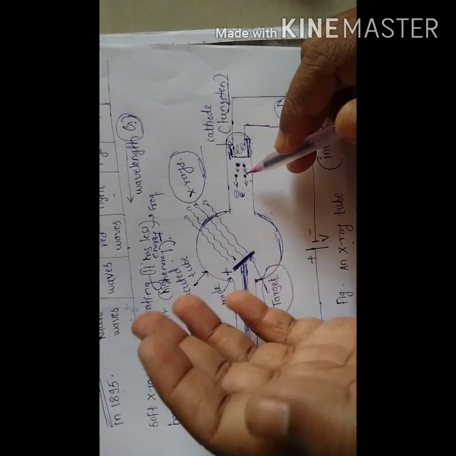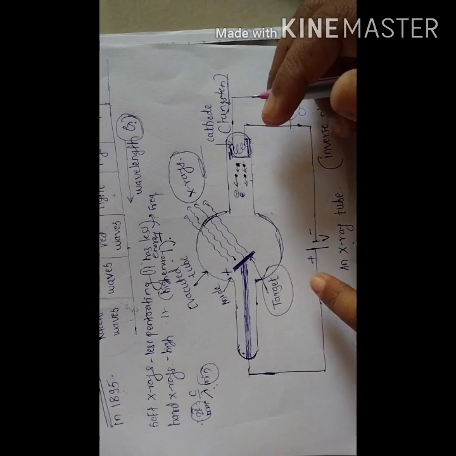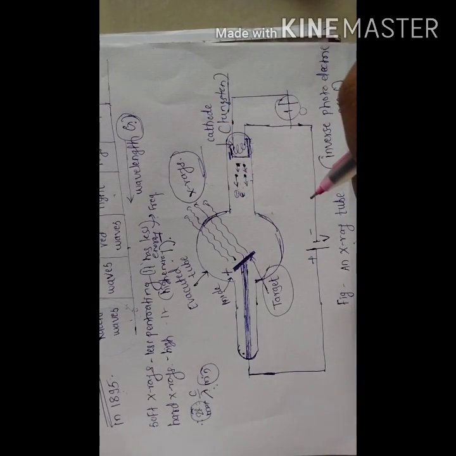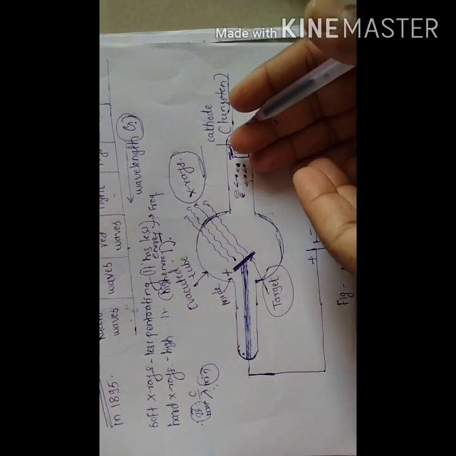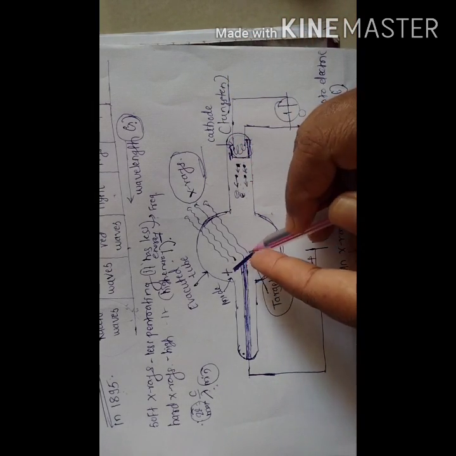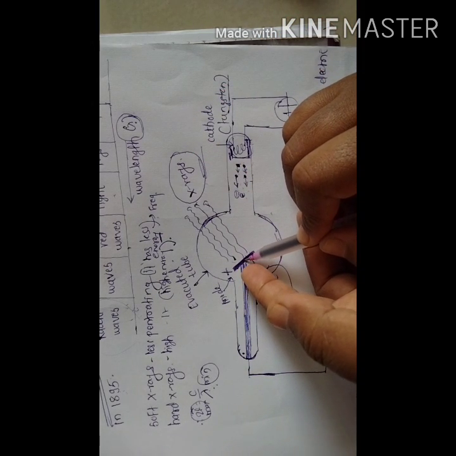The emitted electrons have very high kinetic energy, so they are bombarded on the target with high energy.